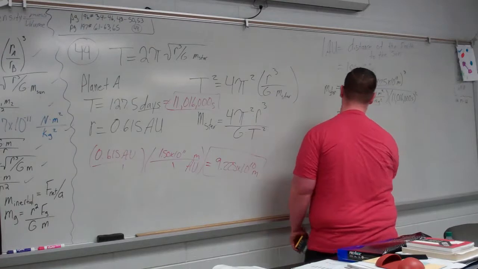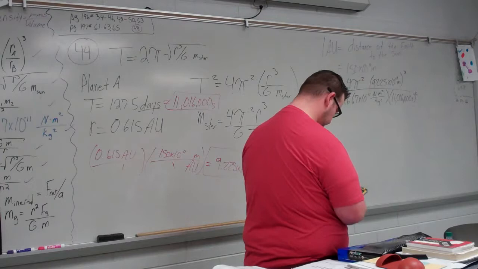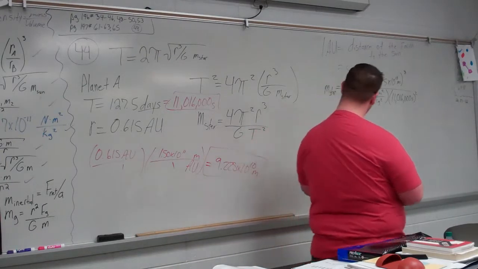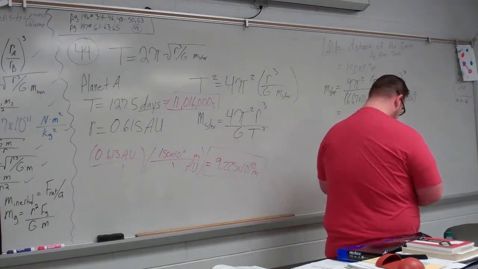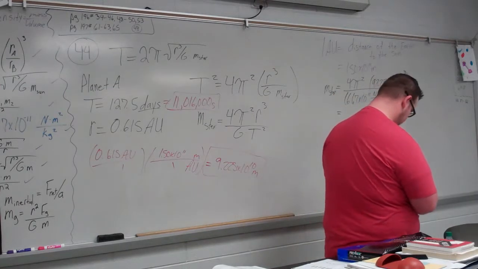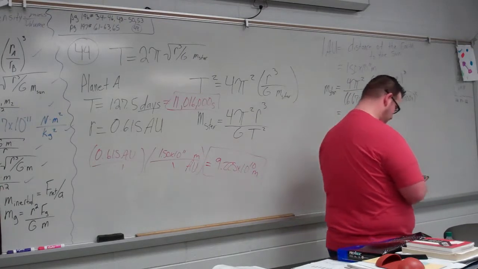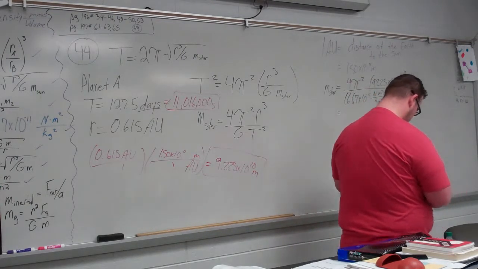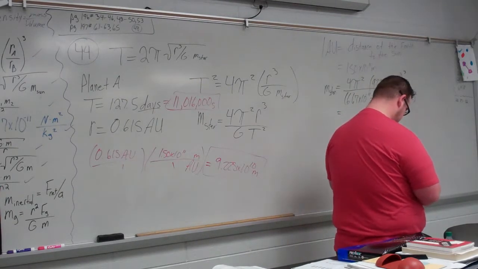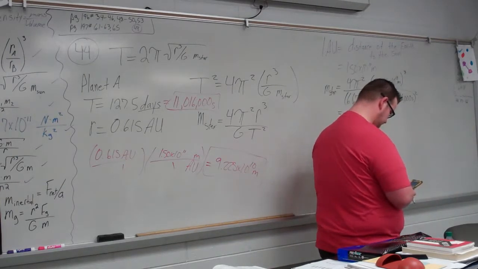So we're going to throw this in the calculator. Squared. Five. 10. Power. It's all divided by 6.67. 11.